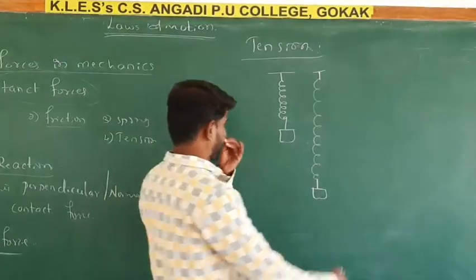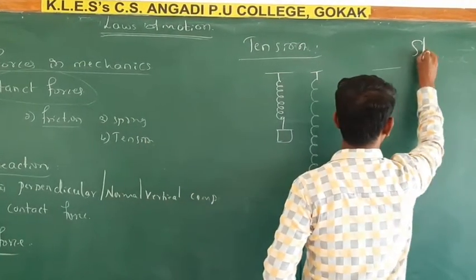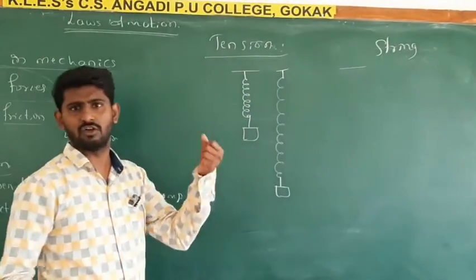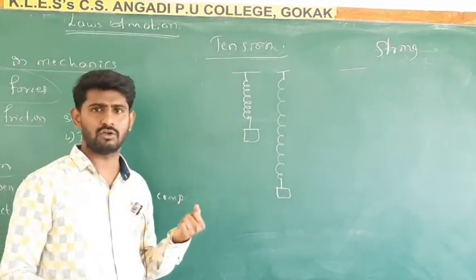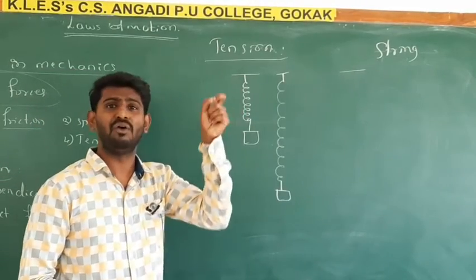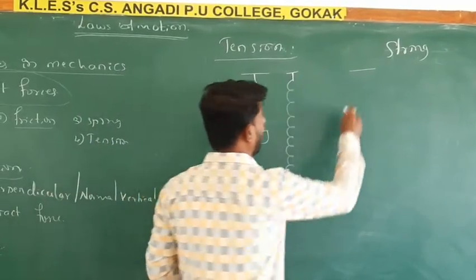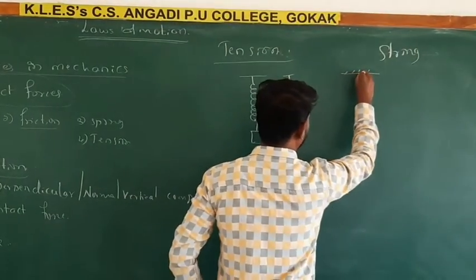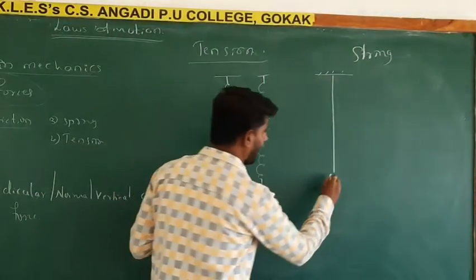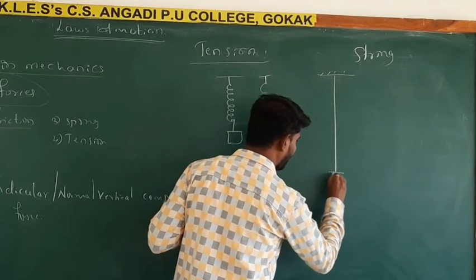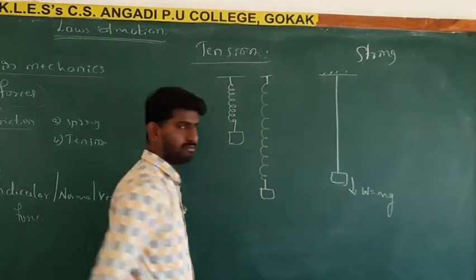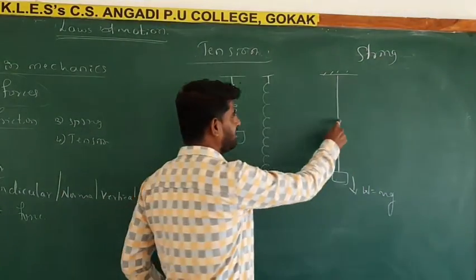Now instead of the spring, if I am using a string, it may be a thread, a rope, or a wire, an inextensible thin wire or thread. So this is a rigid support and we have suspended a string here. If I apply a weight here, this will be the downward force, that is mg.